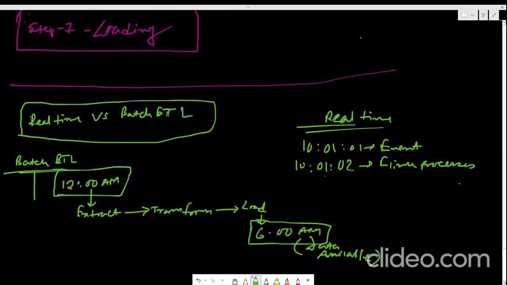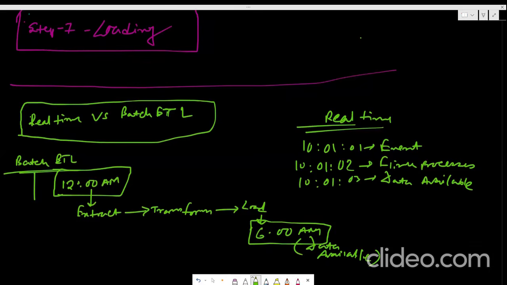And at 10:01:03, that particular data will be available. That's why we call it not exactly real time, we call it near real time. That's the perfect name, near real time. So the latency can be seconds or lower depending on the application.